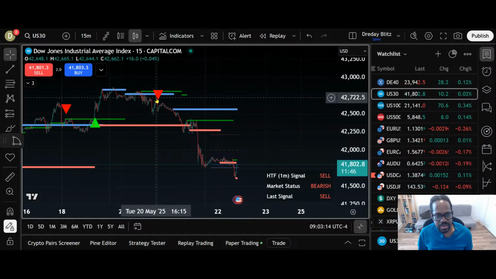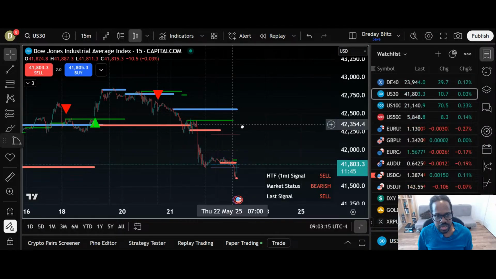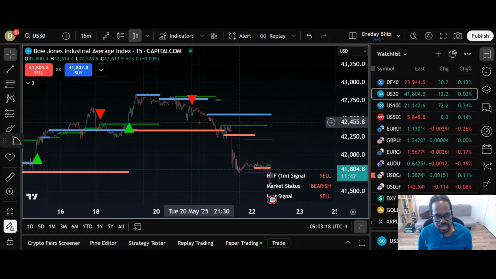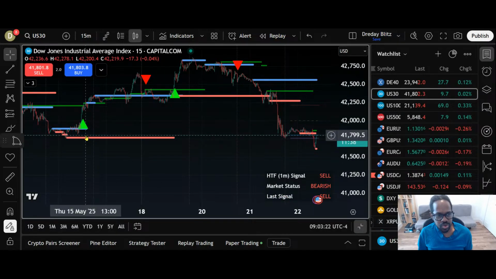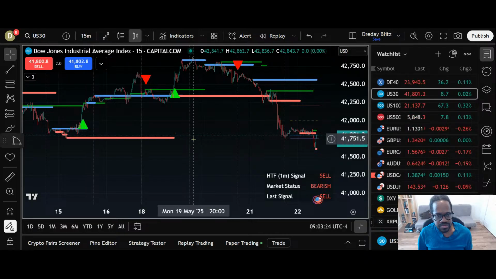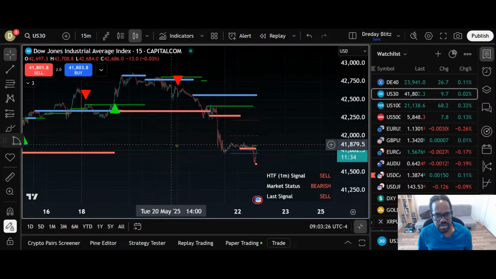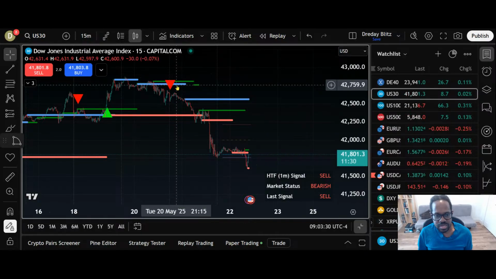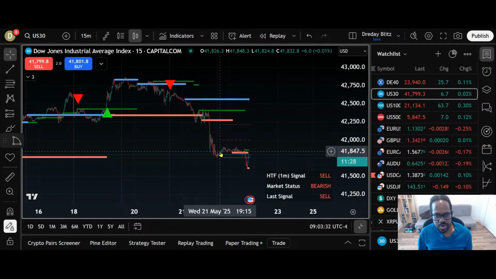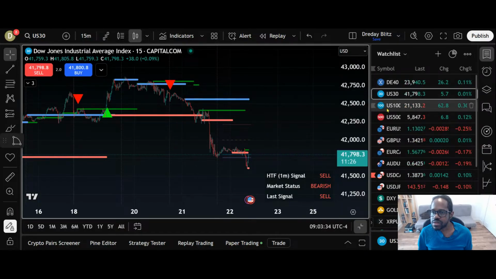When I'm not getting the best optimal entry, I'm not in. As you can see, the market went towards that previous support level to the T. Now it's consolidated here. That was the actual move on Tuesday for US 30 for a sell.